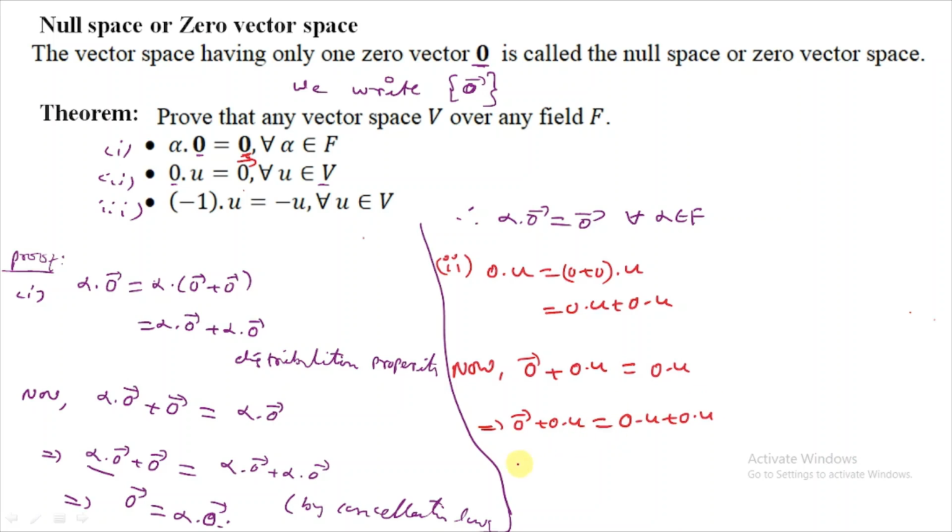Now by the right cancellation law, 0 vector equals 0 dot u. Therefore 0 dot u equals 0 vector for all u belongs to V.